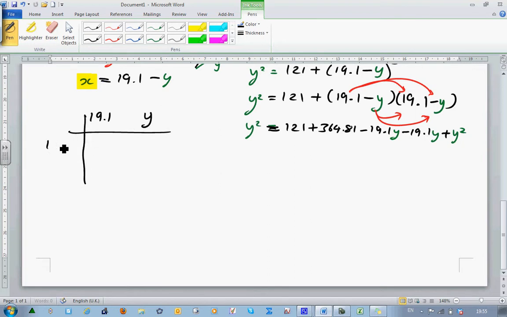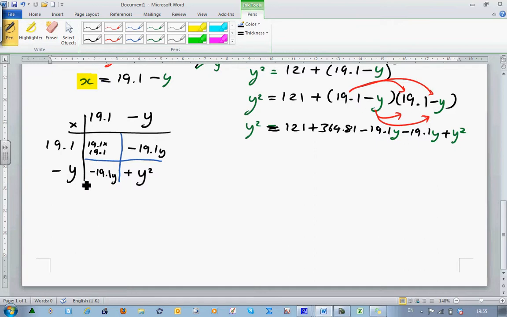I've got minus 19.1y again. And then negative times negative is positive. Y times y is y squared. So the four parts of this: 19.1 times 19.1 is 364.81. Take away 19.1y, take away 19.1y again, and add on y squared. Let's just get back to these colours again.